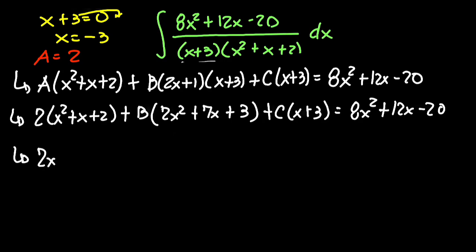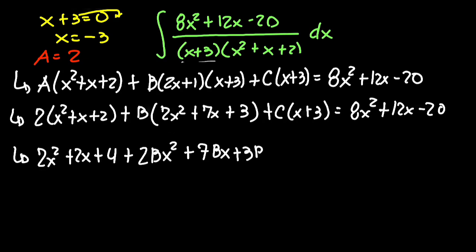This would be 2x squared plus 2x plus 4 plus this one, which is b multiplied by 2x squared. So let's put this as 2bx squared plus 7bx plus 3b, and for this it would be plus cx plus 3c.